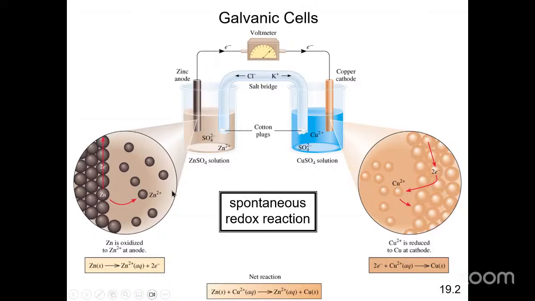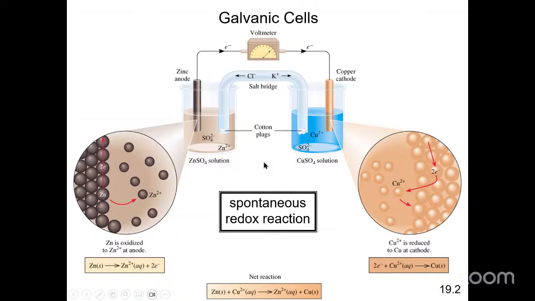So the reaction will stop. For the same reason, in the copper 2 plus solution there's going to be a buildup of the sulfate ion. You're going to have more sulfate ions than copper 2 plus ions present in the solution, and that will cause the current to stop as well.